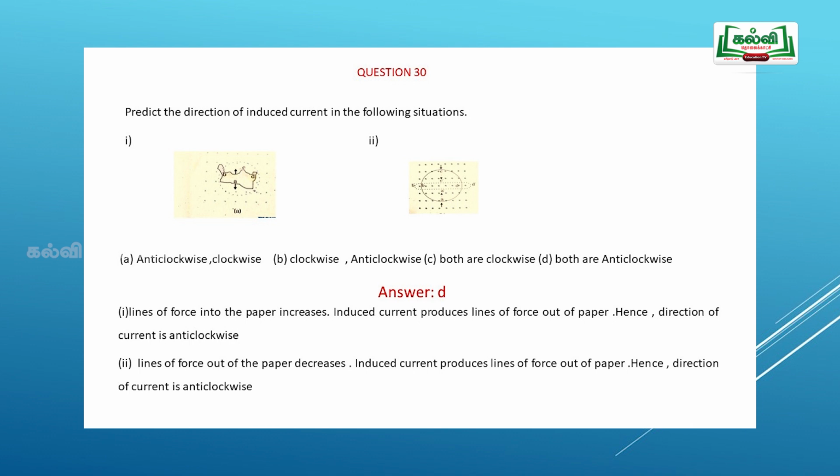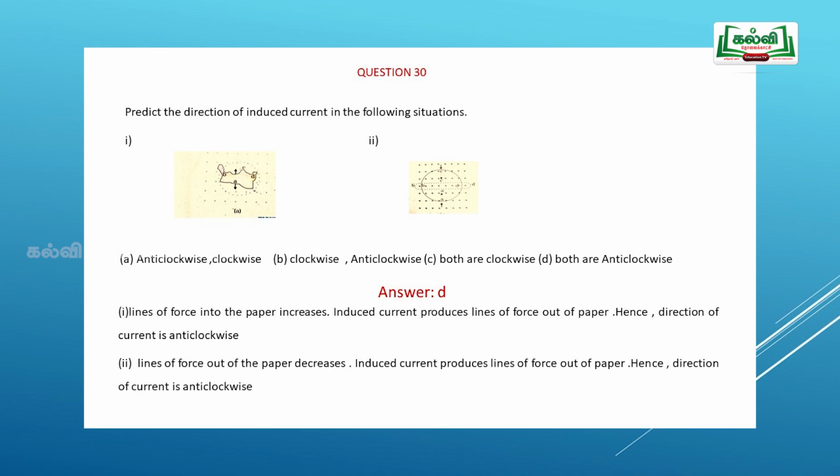Then the last one. In the beginning I told you, you will be asked to find the direction of current. The first diagram, what is happening? The irregular thing is becoming a circle. So area is increasing. If the area increases, the lines of force into the paper, it is cross, right? The lines of force into the paper increases. So whenever there is an increase, it should be decrease. So how should lines of force be produced? It should be produced out of the paper.